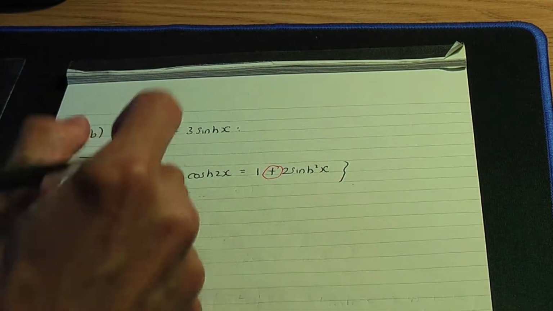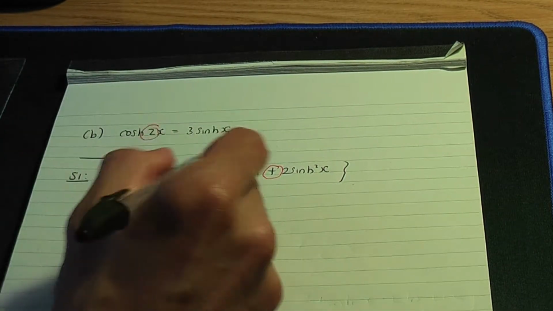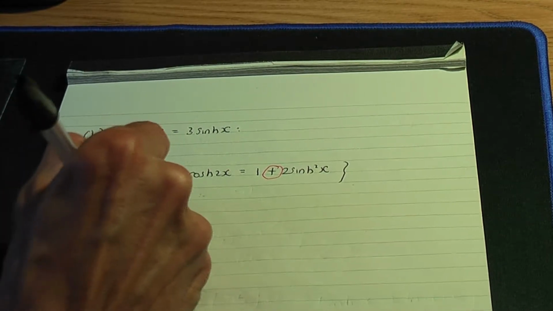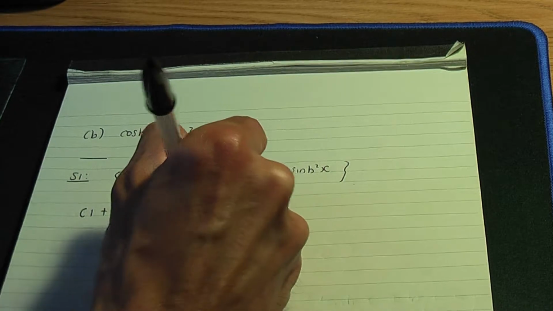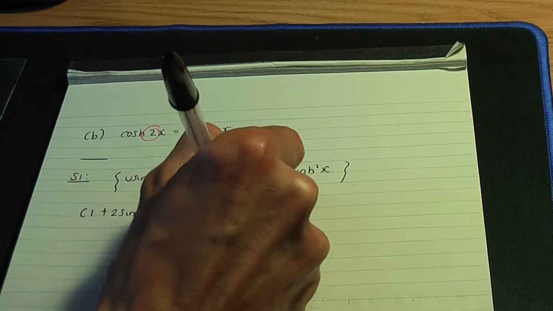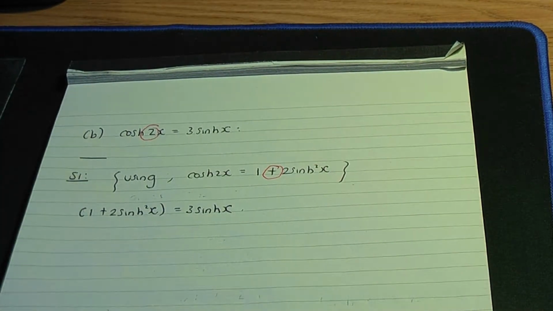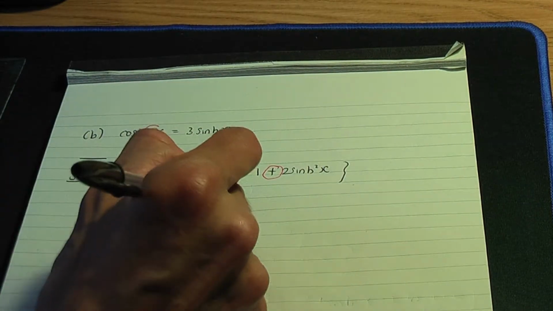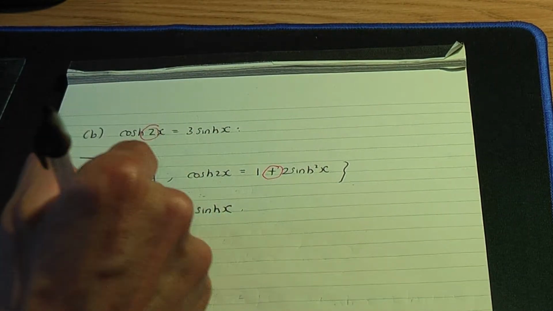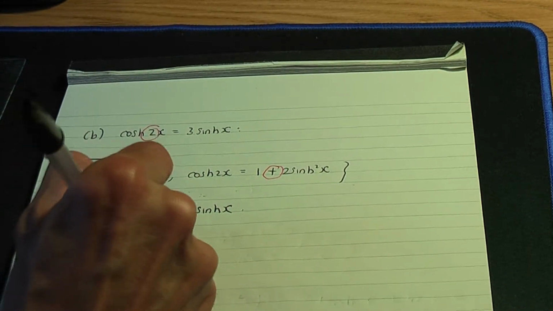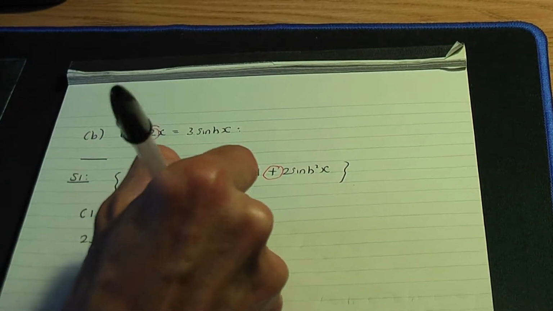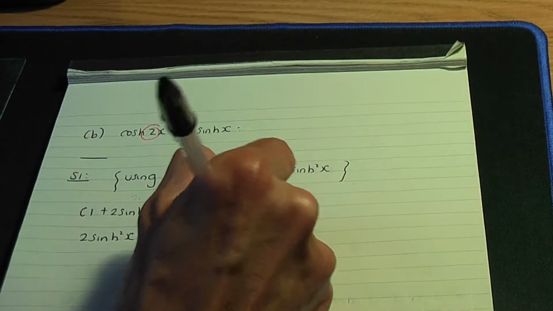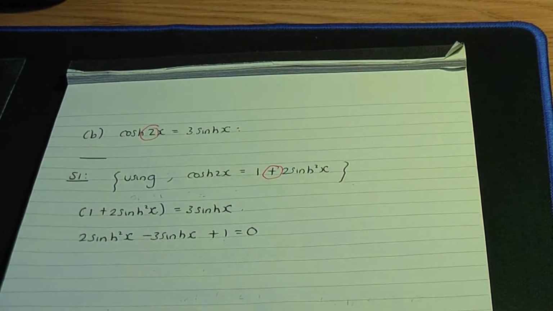So if we replace in our equation, we're going to end up with 1 plus 2 hyperbolic sine squared x equals 3 hyperbolic sine x on the right hand side. And if I take all of my terms to one side, we're going to have 2 hyperbolic sine squared x minus 3 hyperbolic sine x plus 1 is equal to 0.